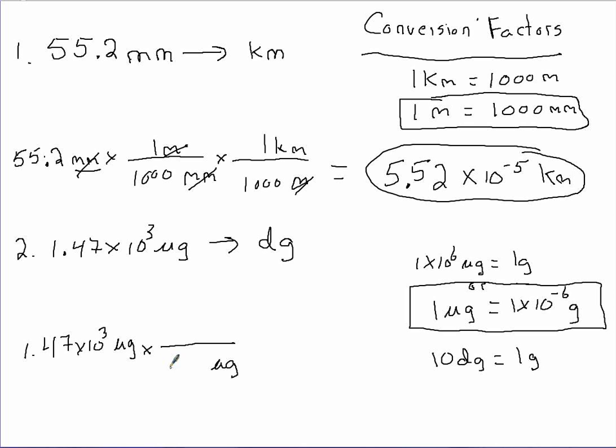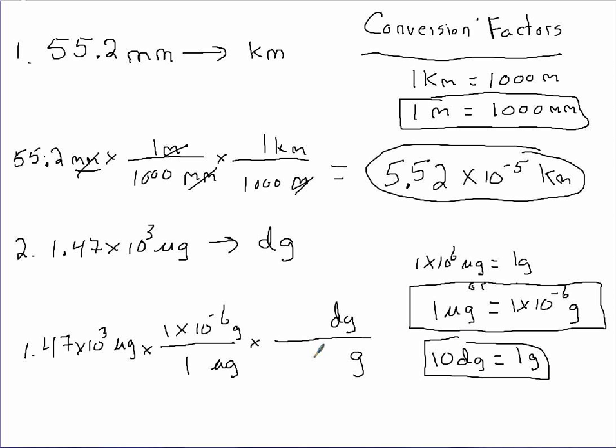And that means that I'm going to put in the denominator the 1, and I'm going to put in the numerator 1 times 10 to the negative sixth grams. Then I'm going to multiply by again, looking at the unit grams, grams on the bottom, and decigrams up top. I'm going to multiply by this last conversion factor, which is in 1 gram there are 10 decigrams.